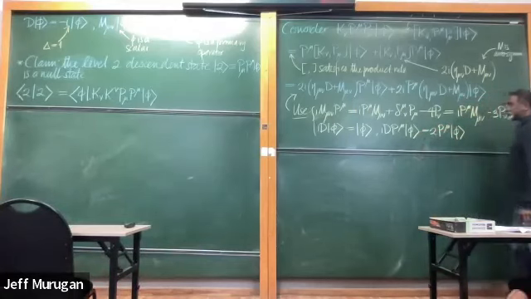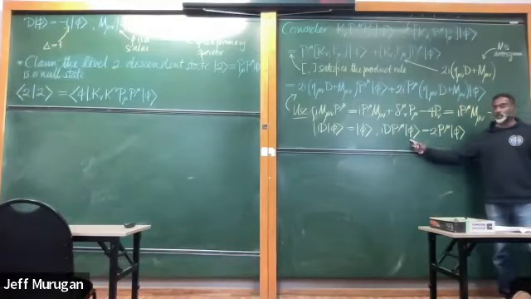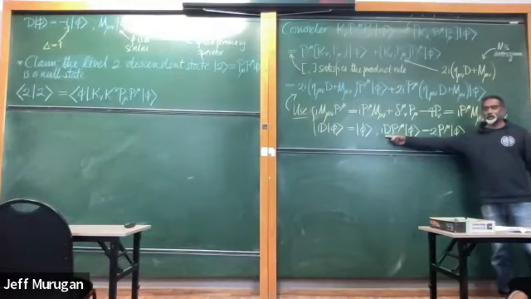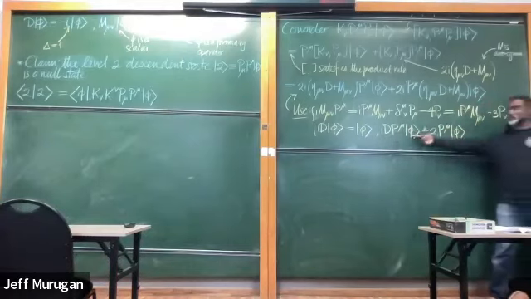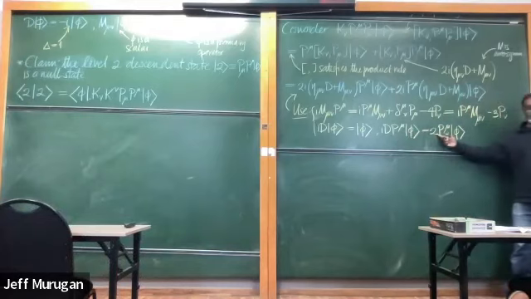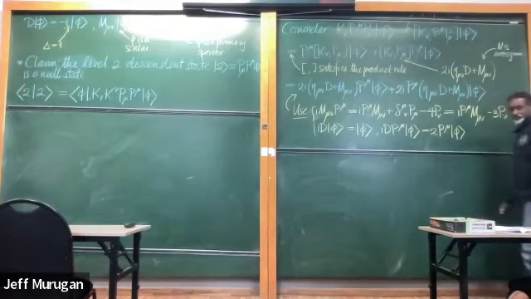That's because phi has dimension 1. P increases its scaling dimension by 1, so it's the eigenstate of iD with eigenvalue 2, right? So it has scaling dimension 2.